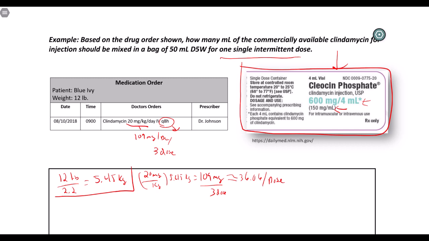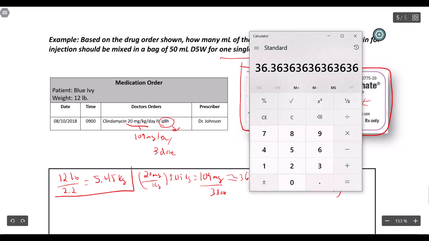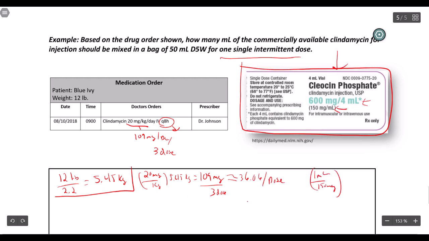And I know my concentration. It's going to be 1 ml is 150 milligrams. How much do I need if I need that 36.36? Oops, sorry, this is 36.36. I think I kept the calculator there with the 09 in there.